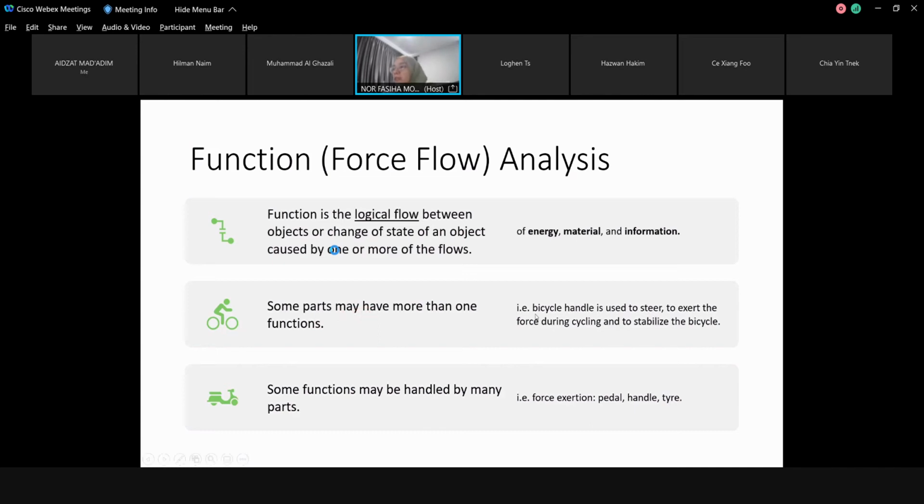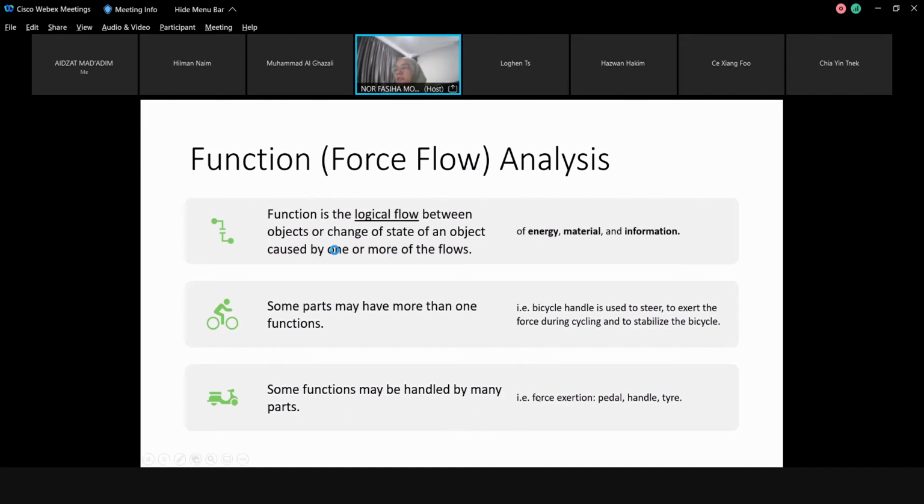For example, the bicycle handle. The functions of the bicycle handle are to steer, to exert force during cycling, and to stabilize the bicycle. Some parts have more than one function, and some functions may be handled by many parts.